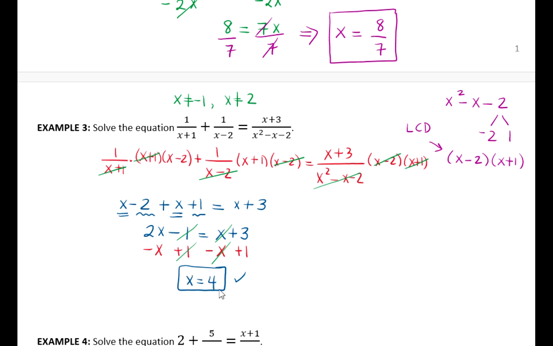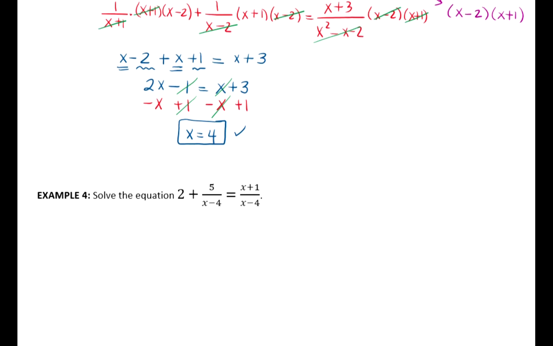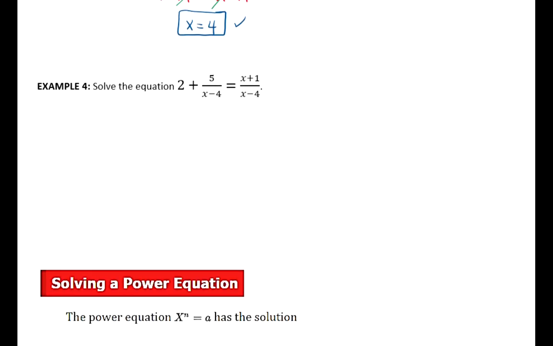If you, for example, end up with 2 or -1, then you will say no solution. I'll just show that in the next example. So that's just one example with rational equations. Now let's look at the next example, which is the problem I was just talking about.